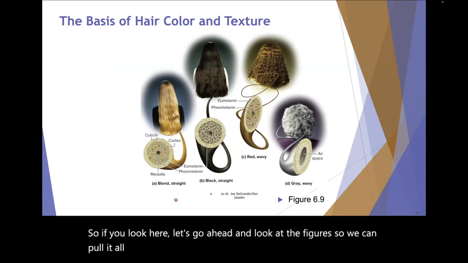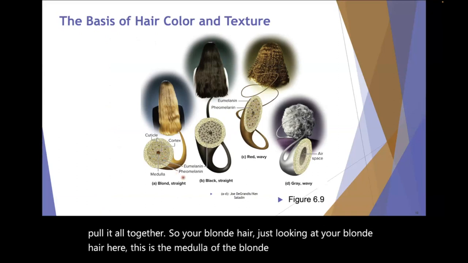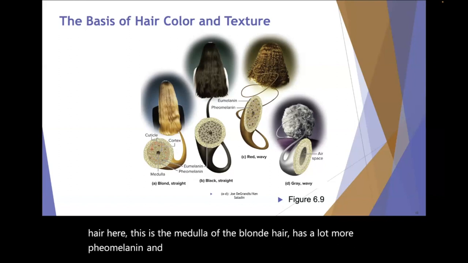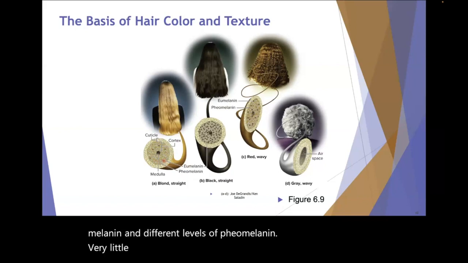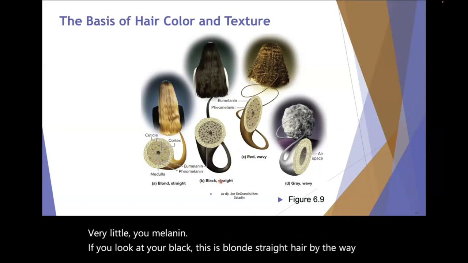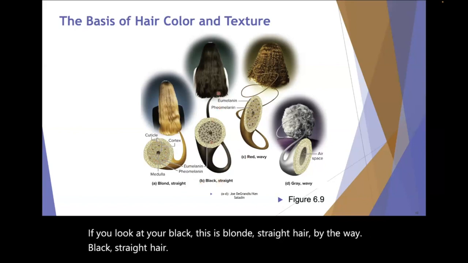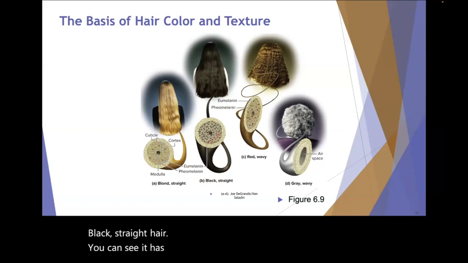So let's go ahead and look at the figure so we can pull it all together. Just looking at your blonde hair here, this is the medulla of the blonde hair. It has a lot more pheomelanin, at different levels, and very little eumelanin. This is blonde straight hair, by the way. If you look at black straight hair, you can see it has lots of eumelanin in it.